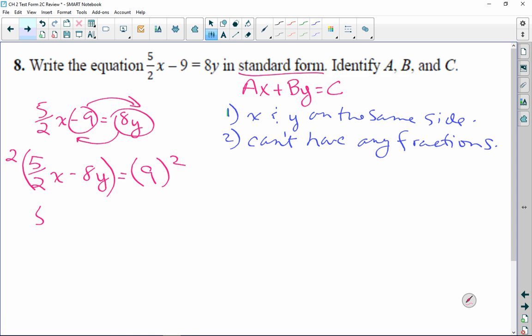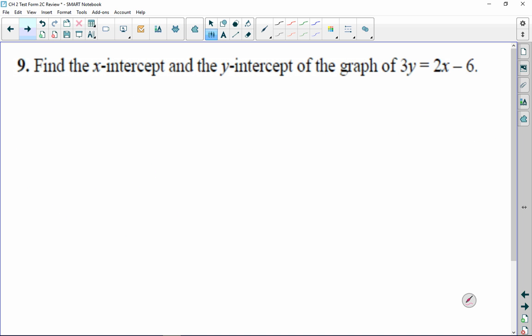That changes that to 5x minus 18y equals 18. Whatever the bottom is, that's what you multiply by. Whatever the denominator is, that's what you're going to multiply by.